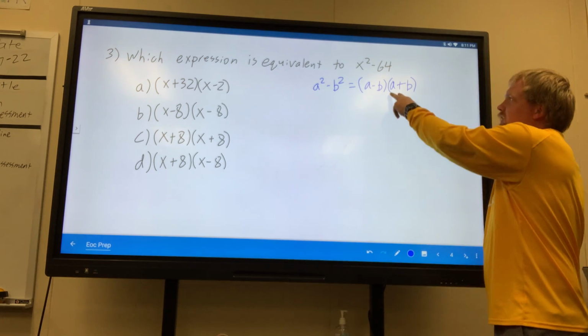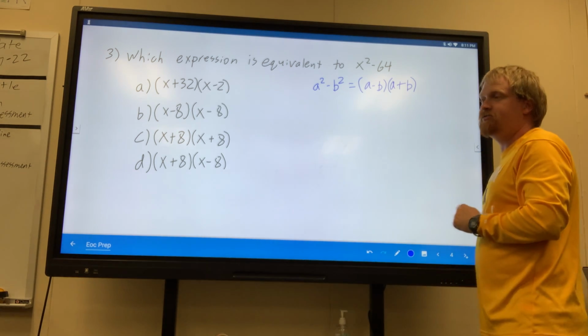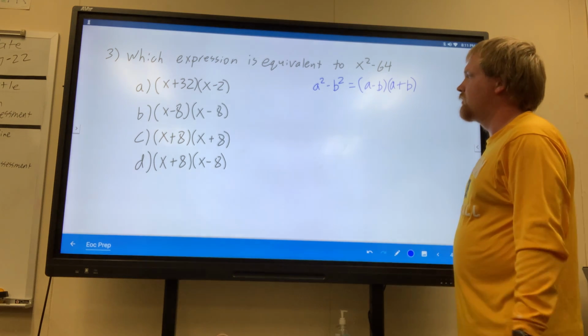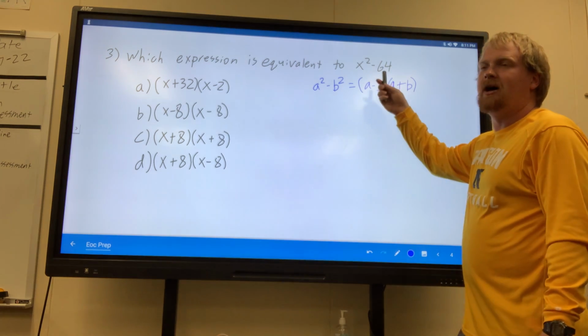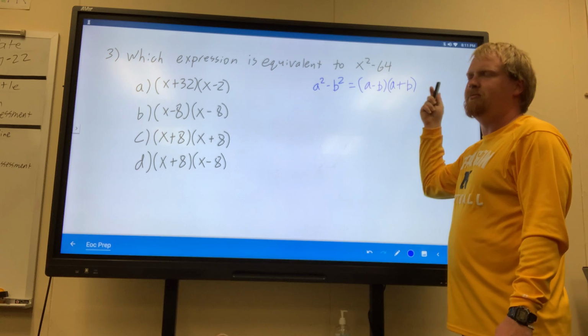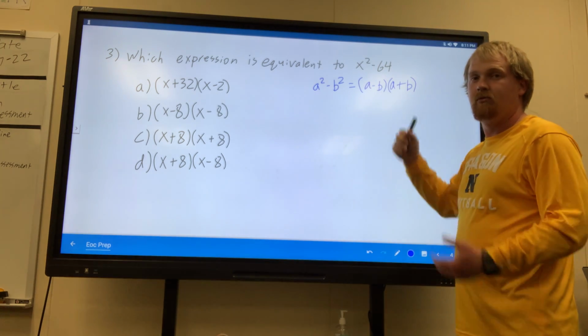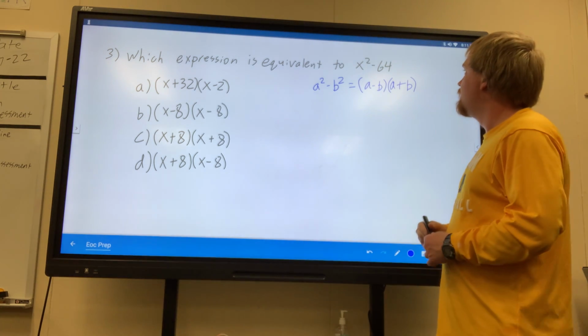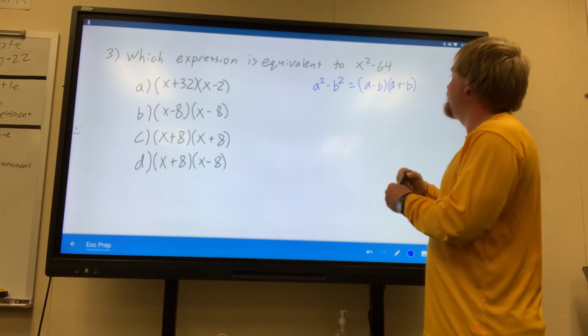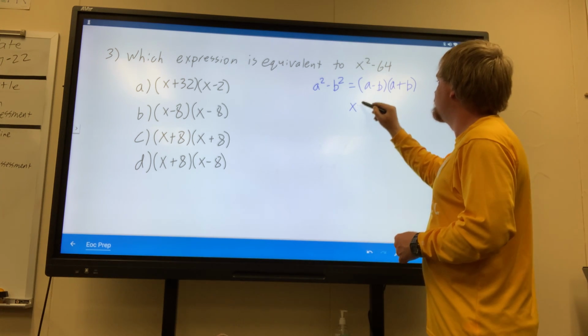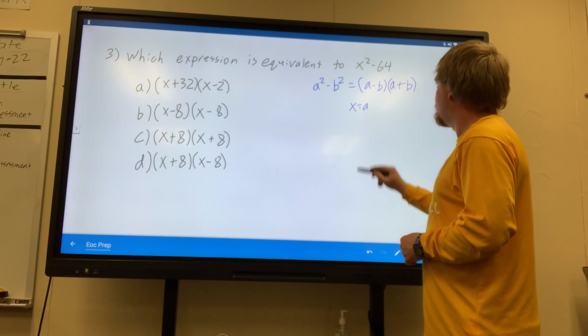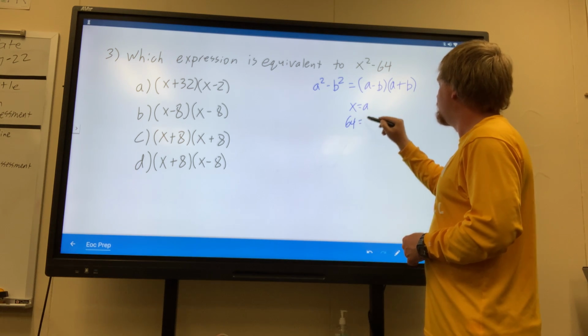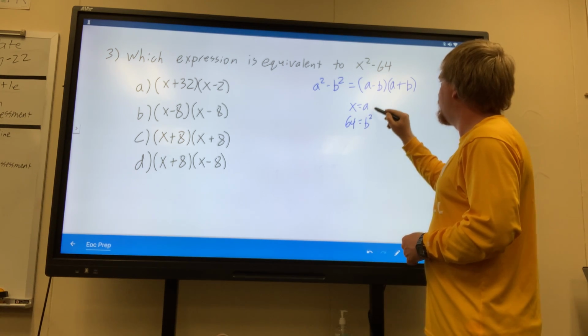So a minus b times a plus b. That's what we're going to get. So one is going to be positive, and one is going to be negative. But the a is going to stay positive. So in this case, the x is my a, and the 64 is b squared.